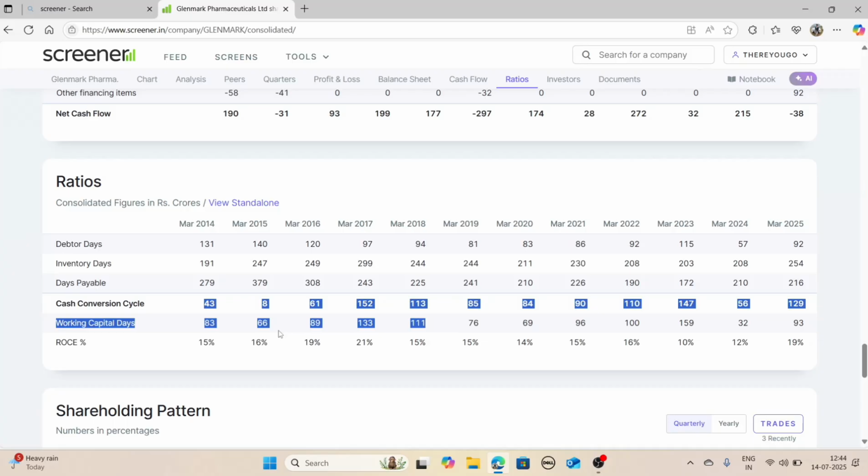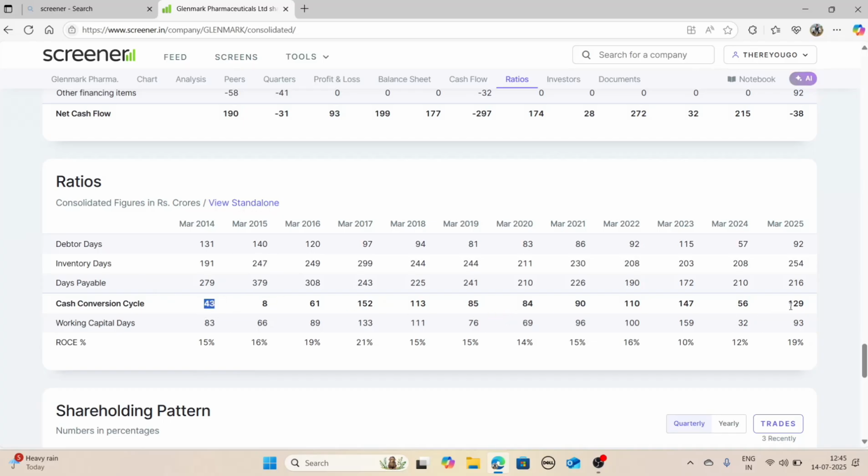It shows for how many days the company's capital is blocked. Let's say the company takes material on credit of 100 days, makes the product and sells it within 20 days, and the debtor takes 20 days to repay, meaning inventory days are 20 and debtor days are 20. Then they are getting an extra 60 days grace period within which they can pay their creditors, meaning there is no cash block happening to the company, and the company doesn't have to pay creditors in advance. So it is a good sign for them.